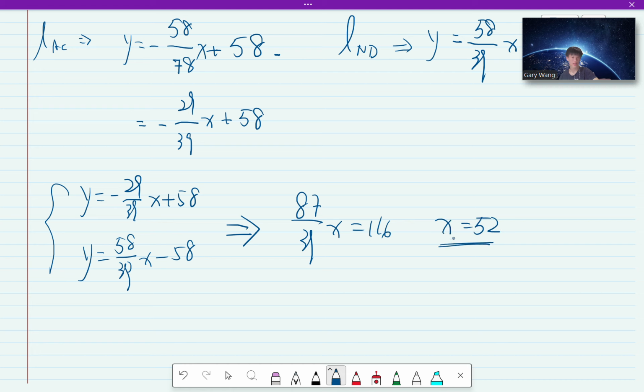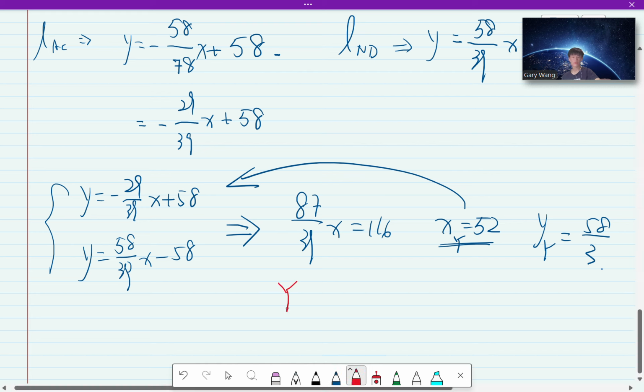This is the x value for point Y. Then if we substitute the value into any of these equations, the y coordinate of point Y would be 58 over 3. Therefore, the coordinates of point Y are 52, 58 over 3.